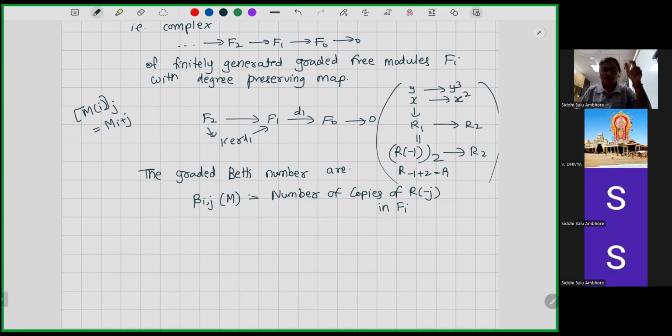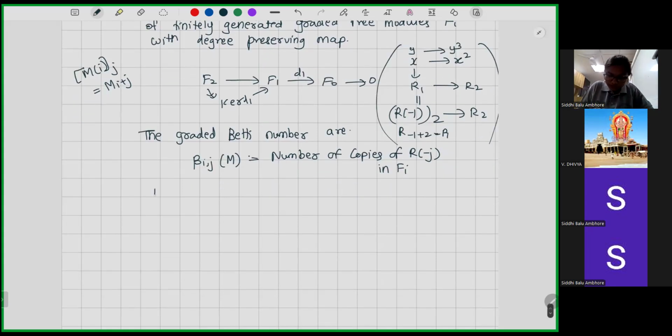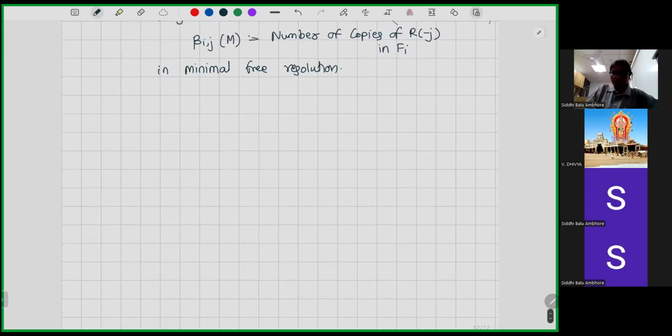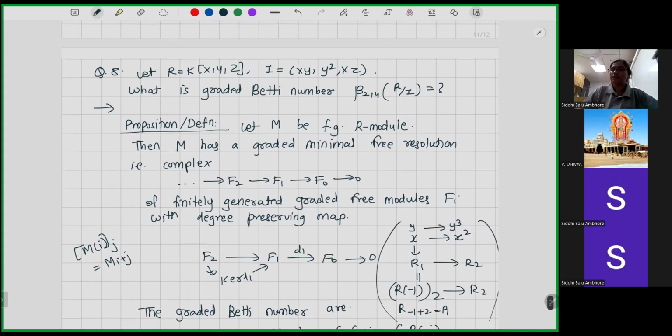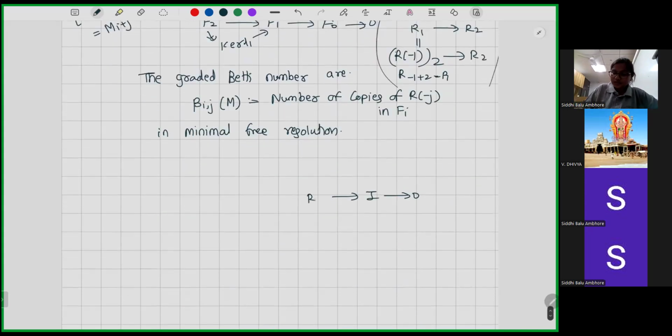So let us understand this by example. This is the number of copies in the minimal free resolution, and in a minimal free resolution we need to have degree preserving maps. So for example, we had this last time, right? R going to 0, and here it is R3, generated by xy, y squared, xz. This is the epsilon map.